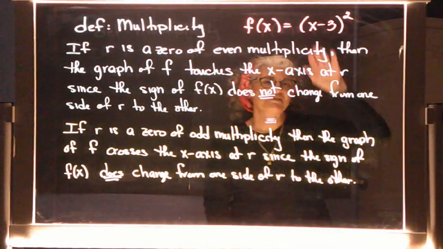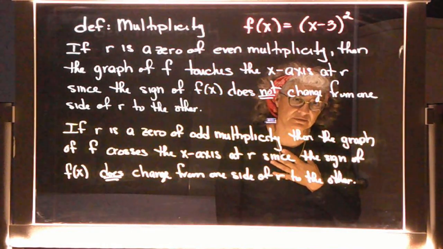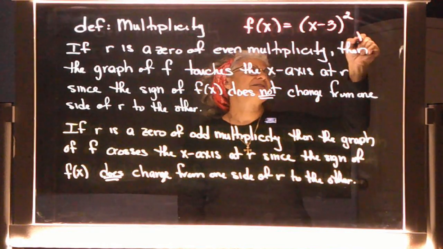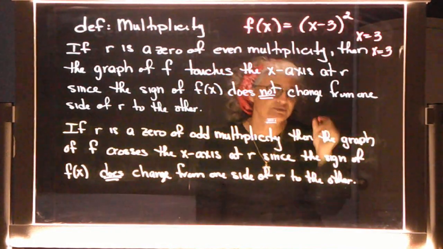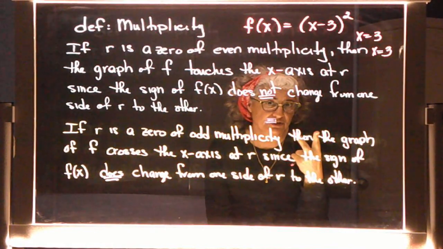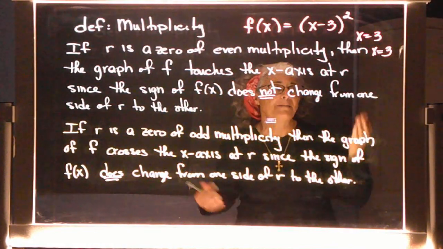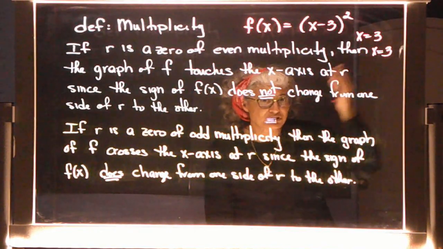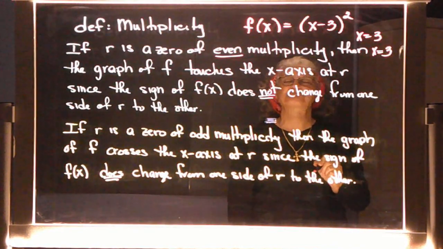Okay. If I went to solve this for x, what will we get x equal to? Yeah, you would get x equaling 3. Twice as a matter of fact, because you would have x minus 3 written twice, wouldn't you? So you'd get 2 solutions, but they're the same, so they're duplicate, right? But this 3 is a solution twice. That's the even multiplicity part.